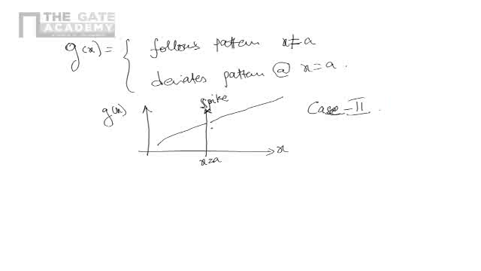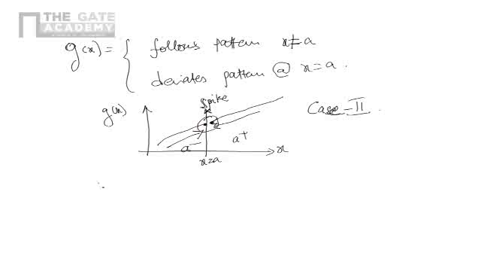Now let us approach x equal to a in this direction, that is in the region a minus and a plus. Observe that these two values are converging to this and this, which are close.